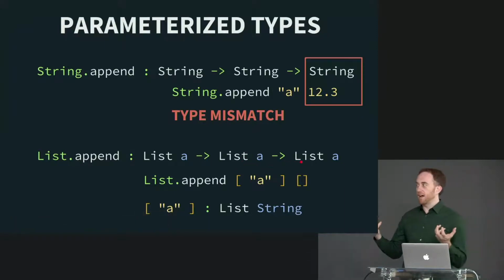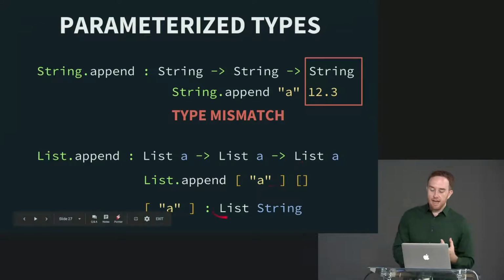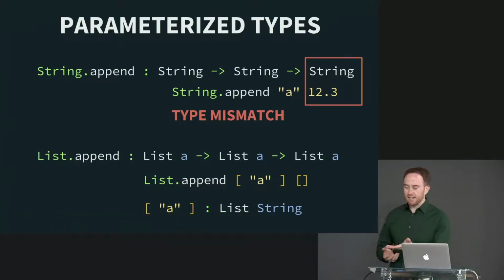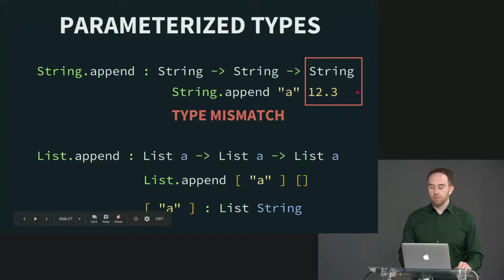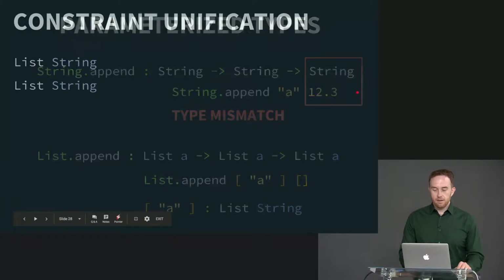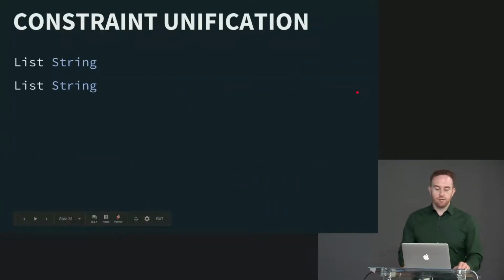It's just that it figured out, okay, but these are compatible, and it put them together. And not only did it figure out that they're compatible, but it concluded that it could resolve them to a single type, which in this case it decided was going to be List String. How did it decide List String over List a? How does it figure those things out differently than it figures them out with String and Float up here? So this is the process of constraint unification in the presence of type parameters.